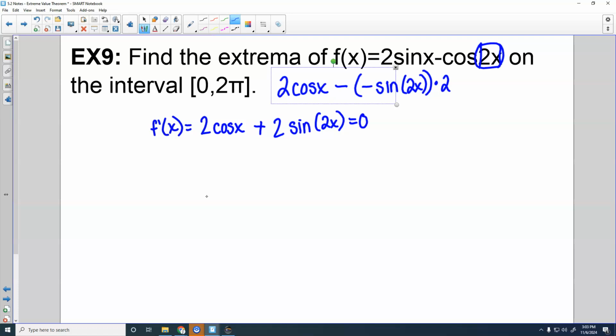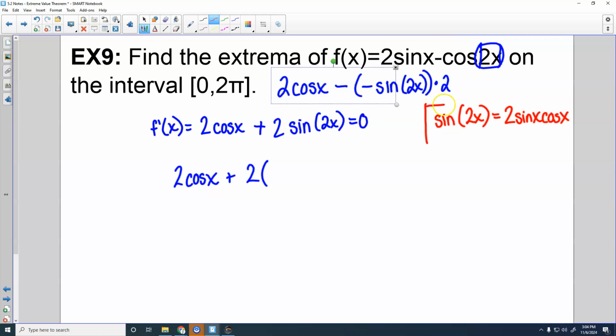Which I think I'm going to have to use a double angle identity for. Pretty sure. Anybody remember it? Okay. Double angle identity. This is from pre-cal. Sine of 2x is 2 sine x cosine x.